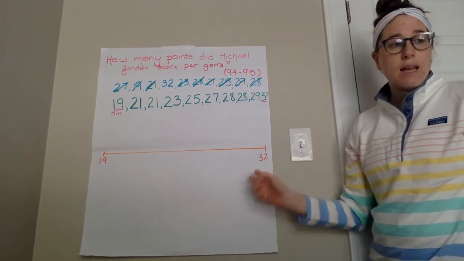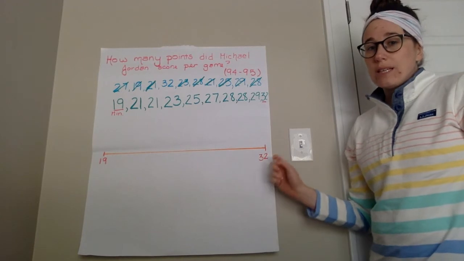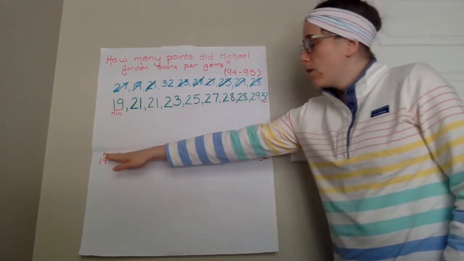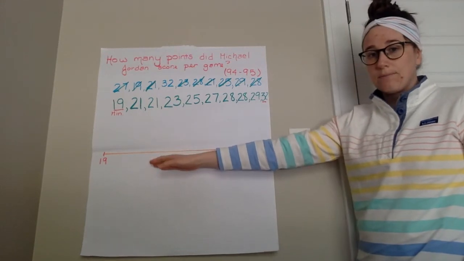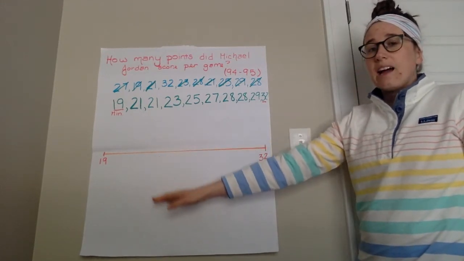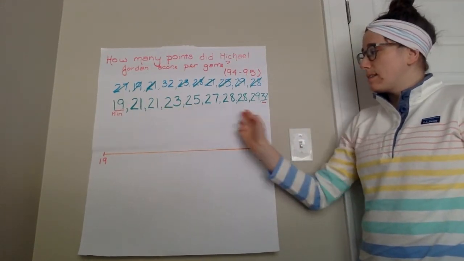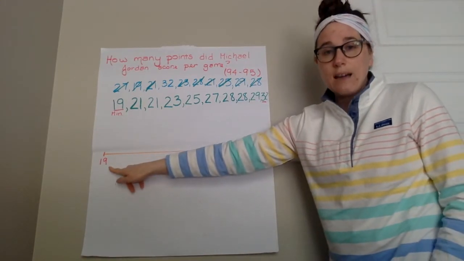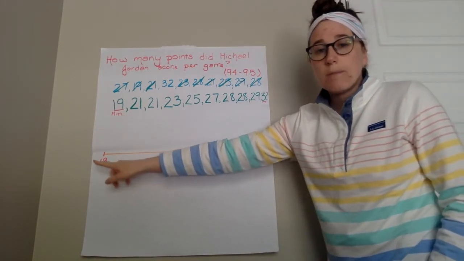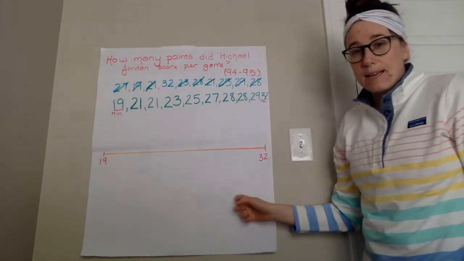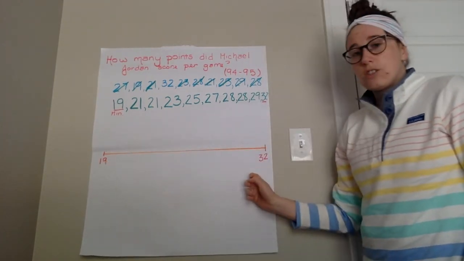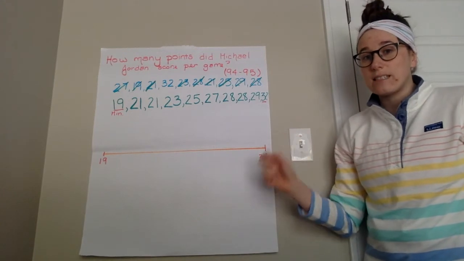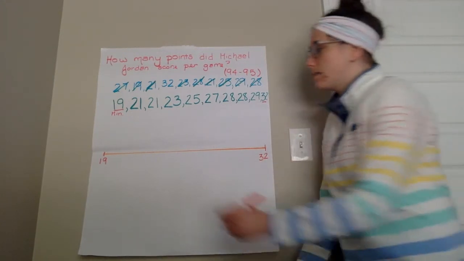Now, from here to here, I'm going to start labeling. I'm not just going to label with these. I need to list every number between my minimum and my maximum. So that means between 19 and 32, I need to list every single number, counting by ones.